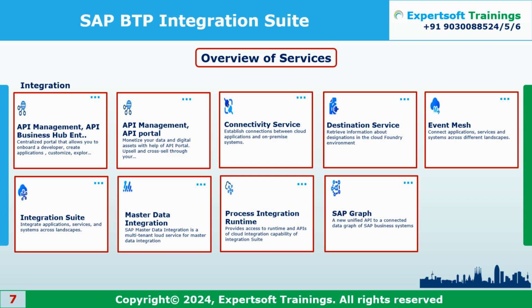And SAP Graph. SAP Graph is a recent capability added by SAP. According to me, this is a very cool and good capability. SAP Graph is an API based on OData V4 that connects entities from different sources in one API.